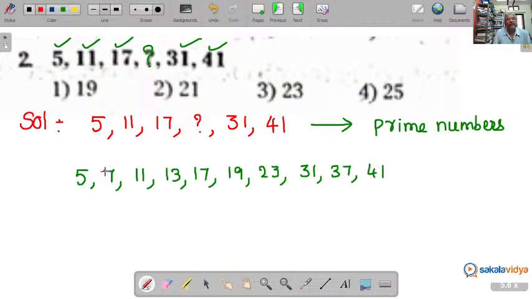If you observe, 5, 11, 17 and then 7, 13, 19.